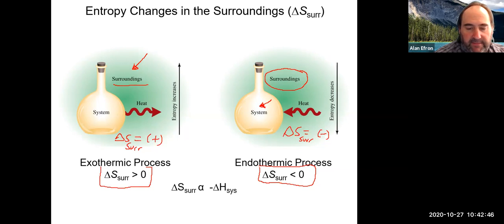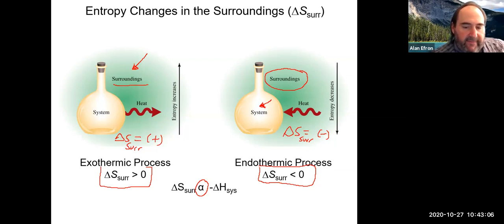So there is a relationship between the delta S of the surroundings and the delta H of the system. The delta S of the surroundings is proportional to the minus delta H of the system at constant pressure. And really what that means is very simple.